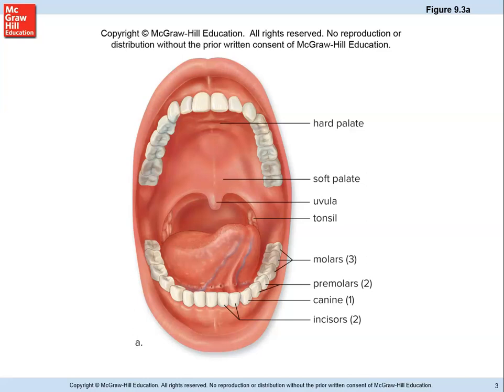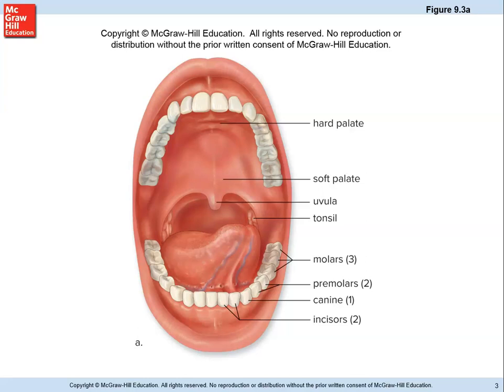So if we think about the mouth a little bit more, we can see the tongue there. This is looking from the front, and it's going to do the stirring. The saliva is going to come in from the sublingual and submandibular glands. Right here you can see some of these pores around the bottom edge of the tongue where it attaches to the bottom of the mouth.